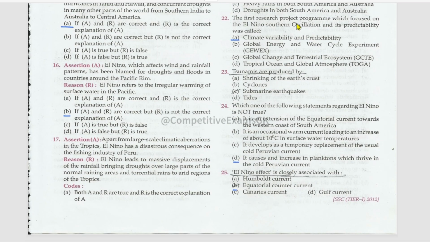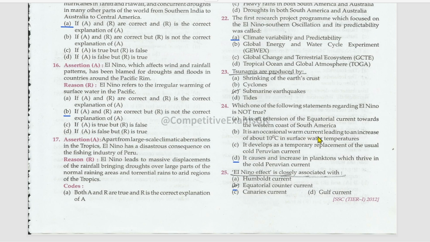The first research project program which focused on the El Nino Southern Oscillation and its predictability was called Climate Variability and Predictability. Tsunamis are produced by submarine earthquakes. Which one of the following statements regarding El Nino is not true? It is an extension of the equatorial current towards the western coast of South America, right?